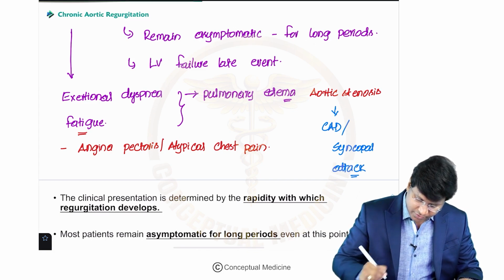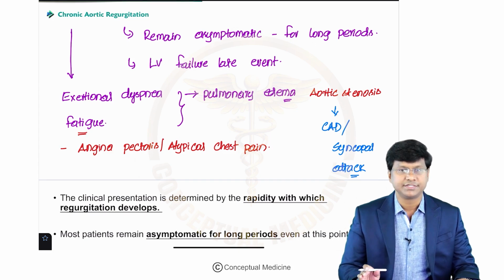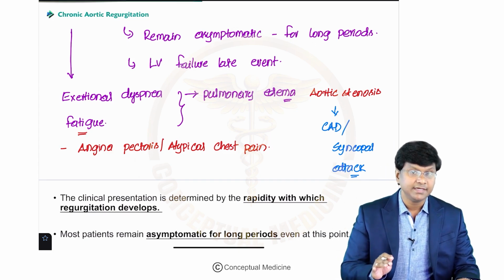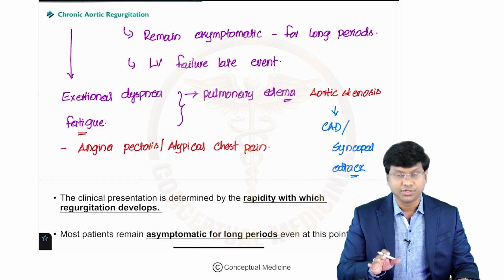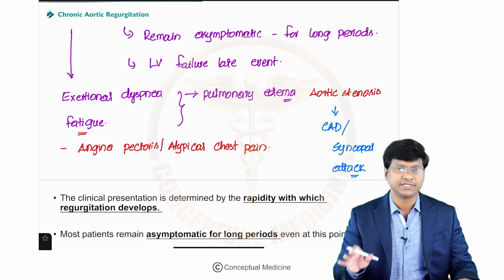This associated coronary artery disease and syncopal attack is less common in patients with aortic regurgitation. And in chronic aortic regurgitation, the only sign for many years may be a soft aortic diastolic murmur.